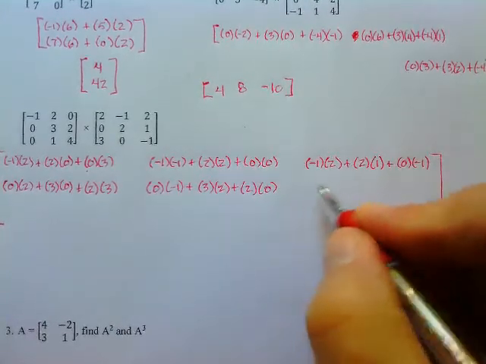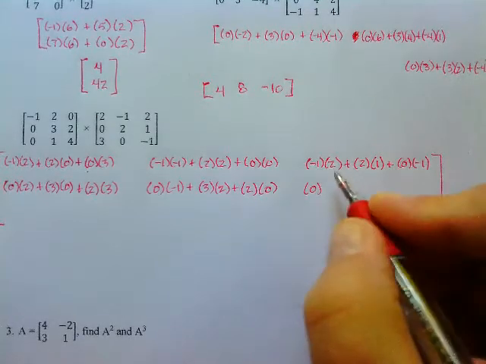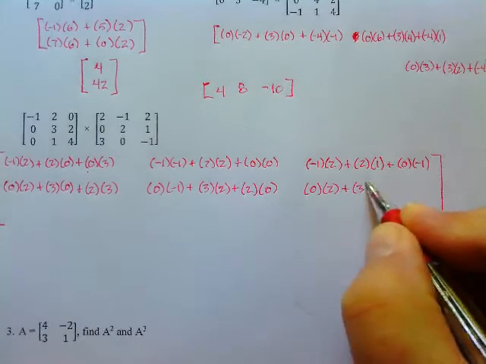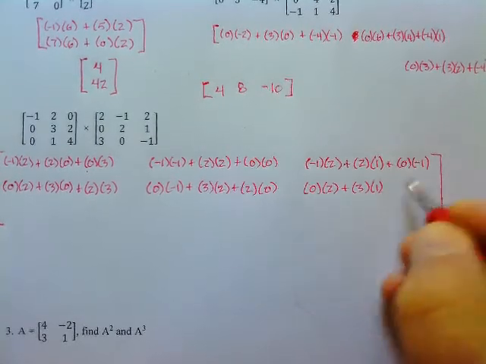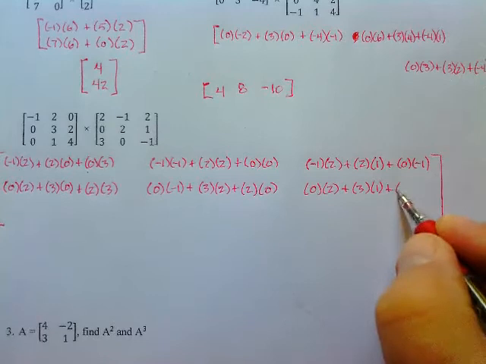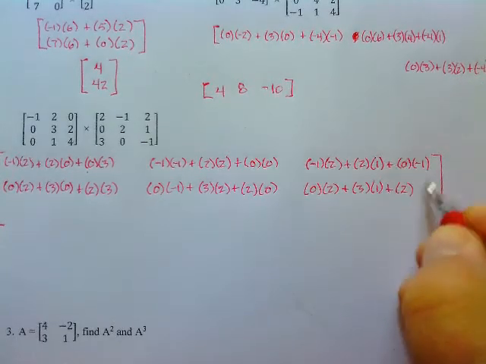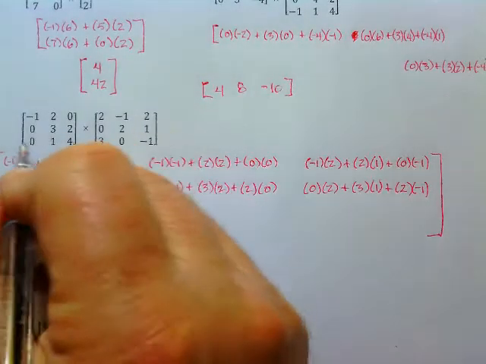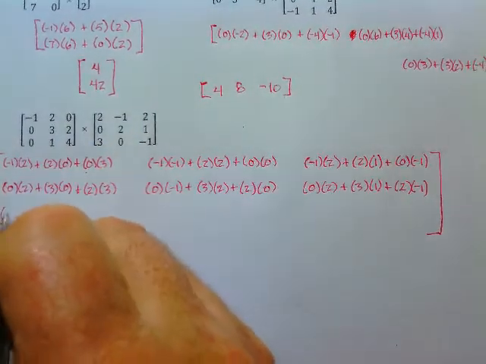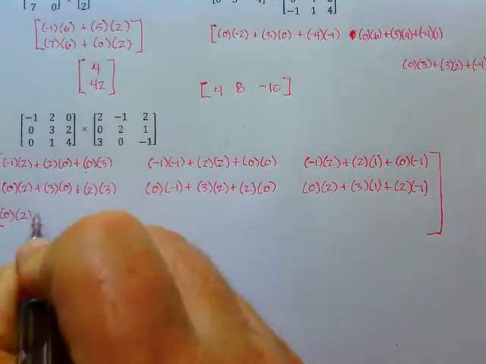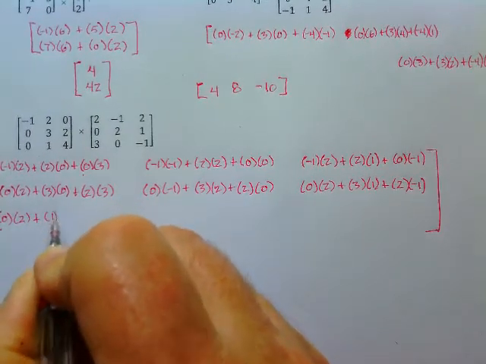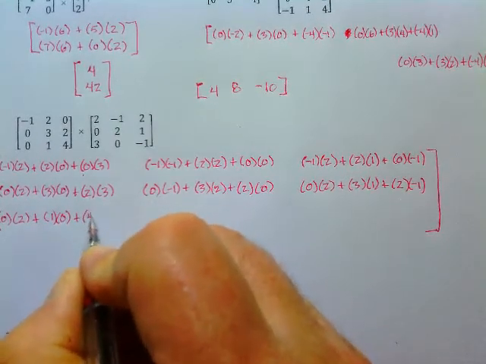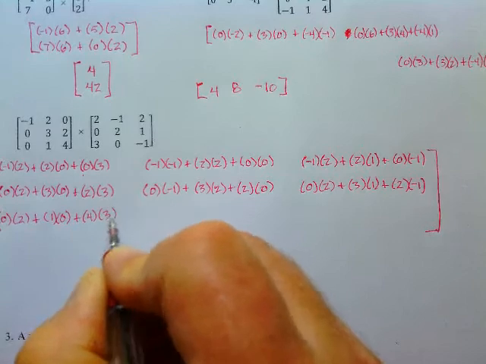And then here, 0 times the 2 plus 3 times the 1 plus 2 times the -1. And our last group, so this last row, 0 times the 2 plus 1 times the 0 plus 4 times the 3.